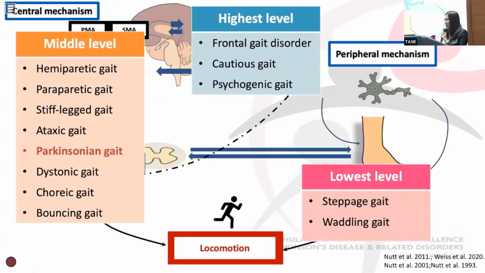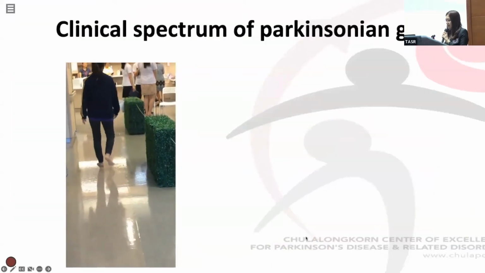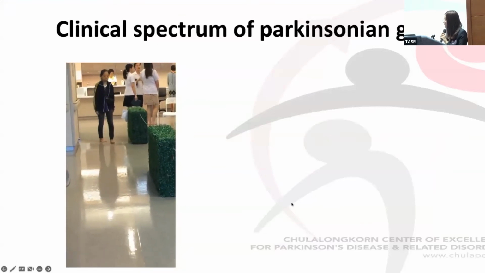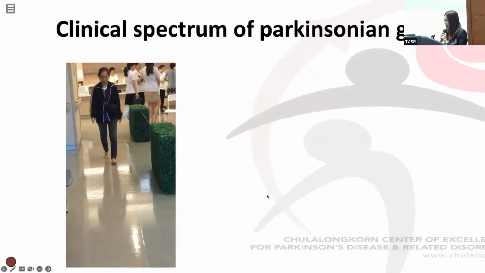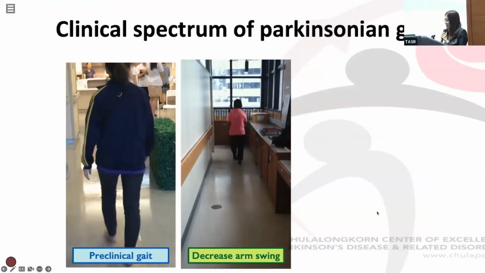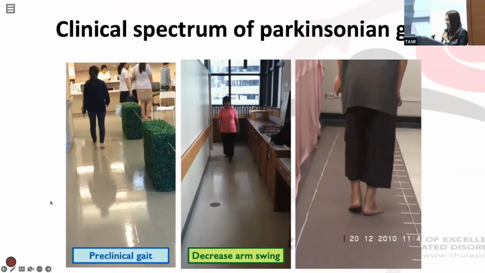So this is what we call the freezing of gait, a type of gait which is found along with the Parkinsonian gait in the middle level gait disorders. So there is a clinical spectrum of Parkinsonian gait disorder, depends on the stage and the duration of the disease. In the early stage, as in the first patient, she seems to walk normally by observation.